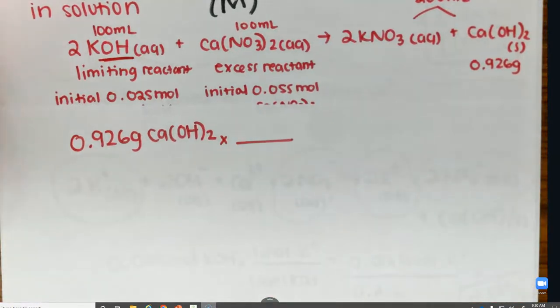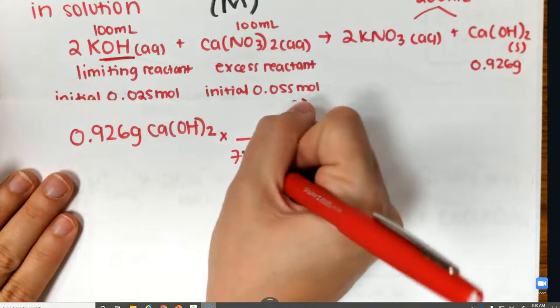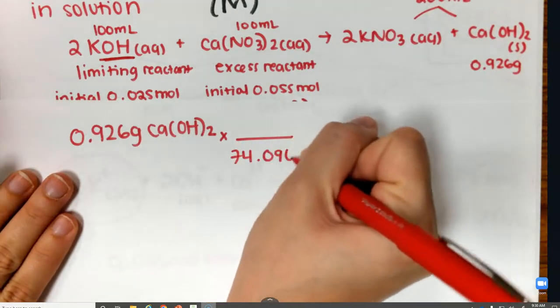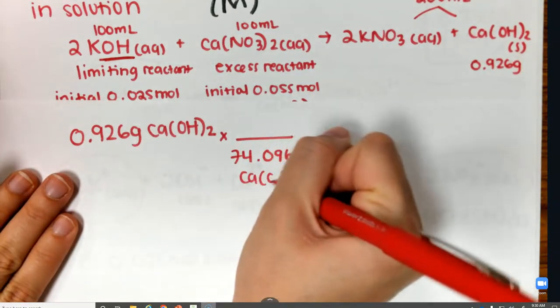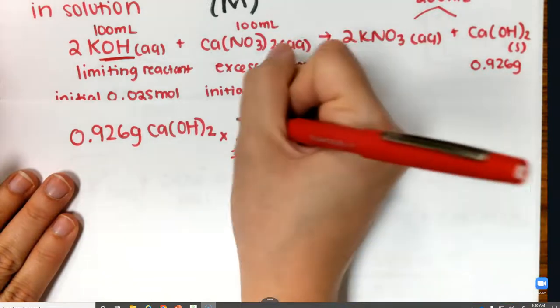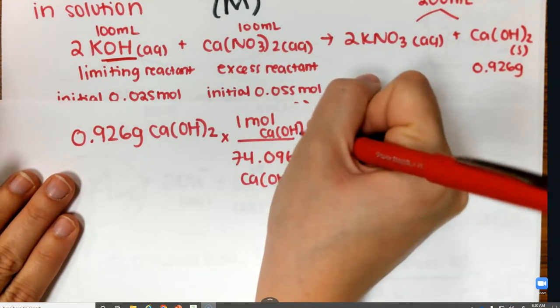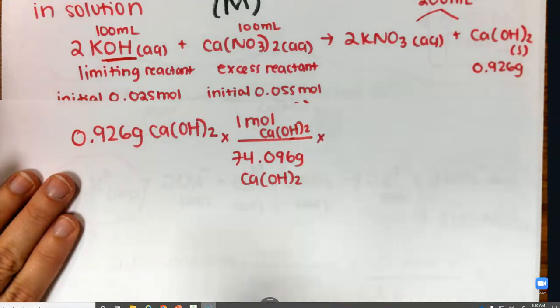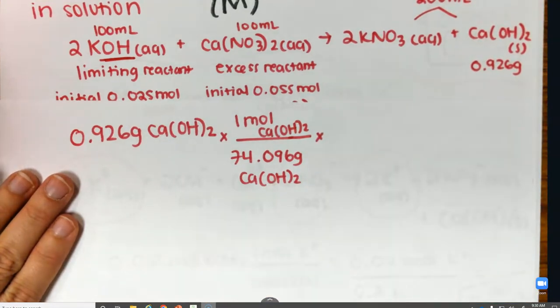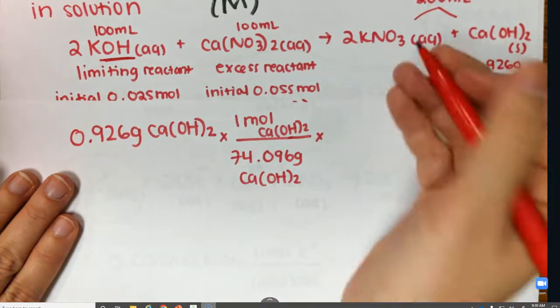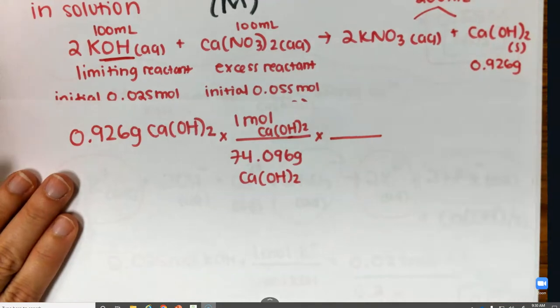By looking back at my past problem, the molar mass of calcium hydroxide was 74.096 grams. And this is where, if your work is nice and neat, it makes things easier because you can go back and find the numbers easily. If it's really messy and you don't have things labeled, it can be difficult to figure out which number was which. So I really suggest you stay organized.